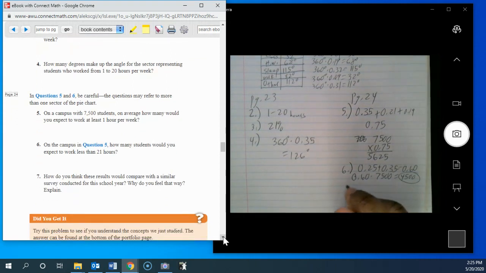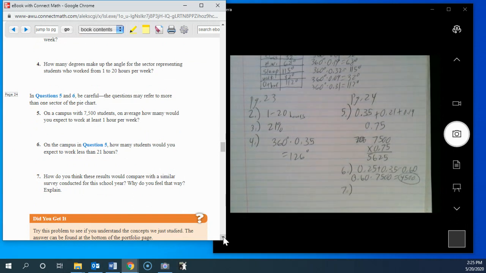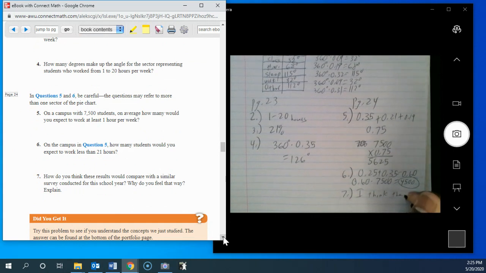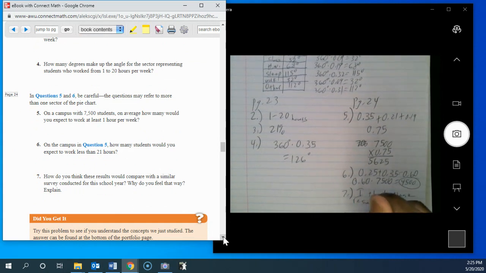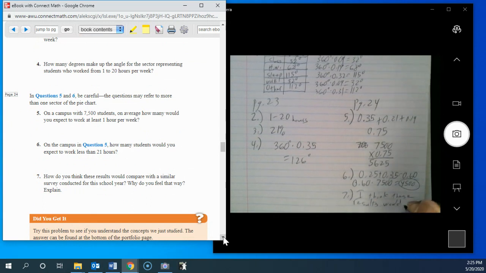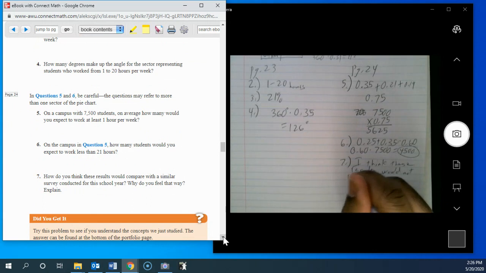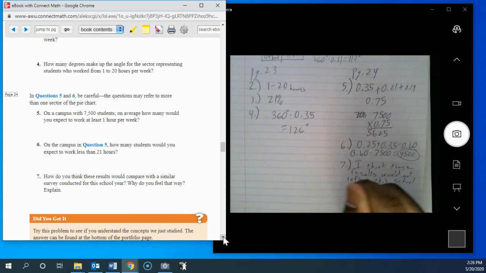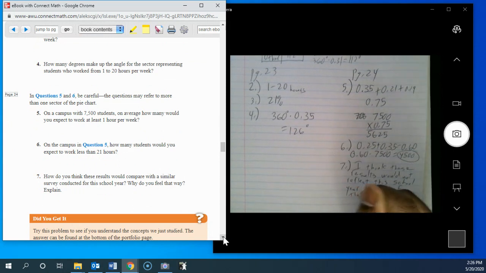Okay, number 7 and the last problem. It says, how do you think these results will compare with a similar survey conducted for this school year? Why do you feel that way? Explain. Basically, I think these results would not reflect this school year because of the coronavirus.